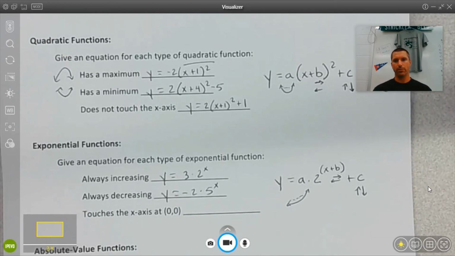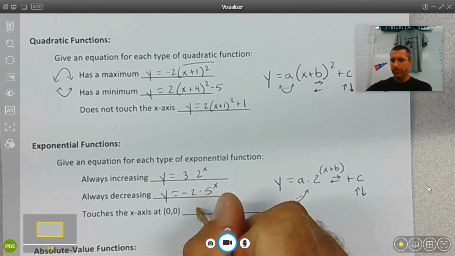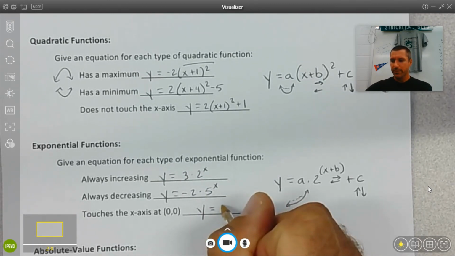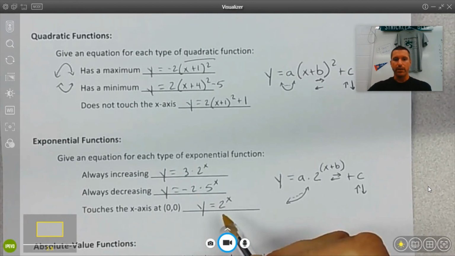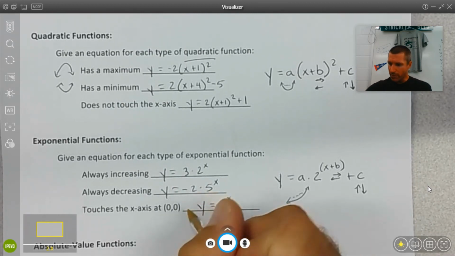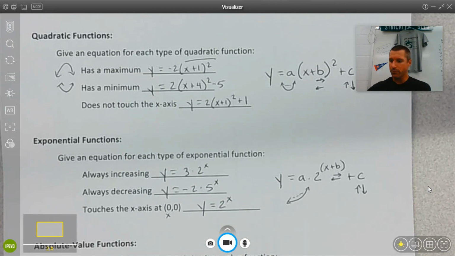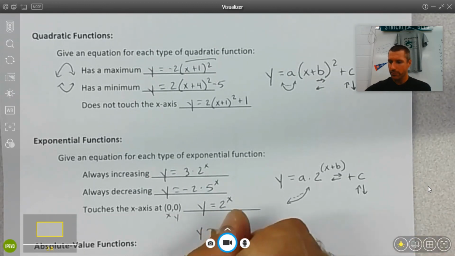How do we do that? Let's start with like the most basic one that you can think of. That's the most basic exponential I can even think of. Okay, it has a 1 in front for the a value, so it's positive. Okay, because it's not there. And if you input 0 in for x, right there, you want the output to be 0. So if you put 0 in for x, what's anything to the 0 power?